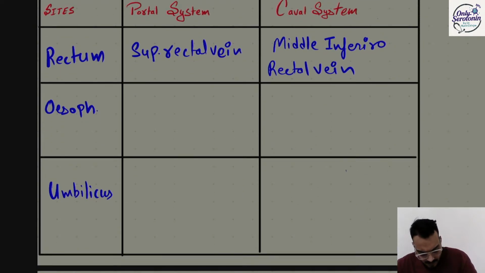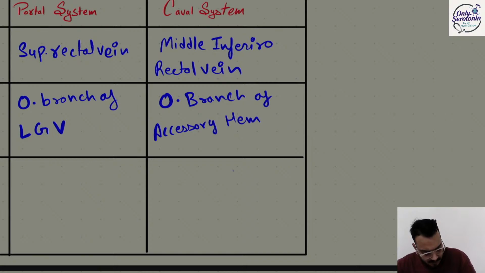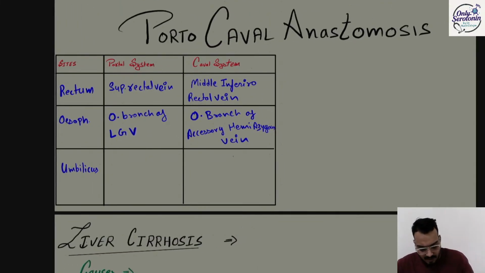From the portal system, we are going to have the esophageal branch of the left gastric vein, and from the caval system, we are going to have the esophageal branch of the accessory hemiazygous vein. They both are going to come and attach with each other.